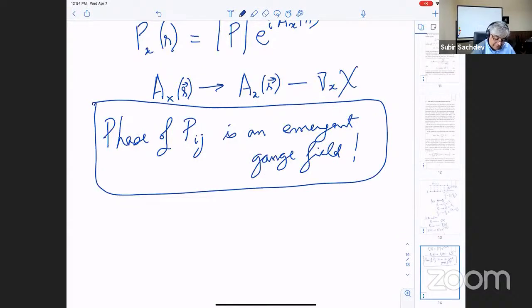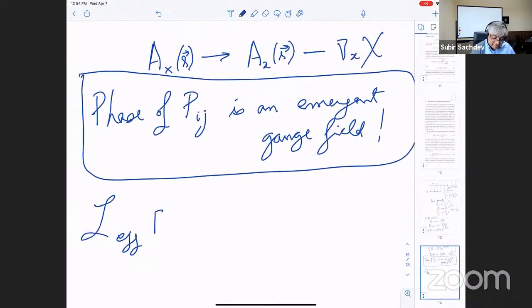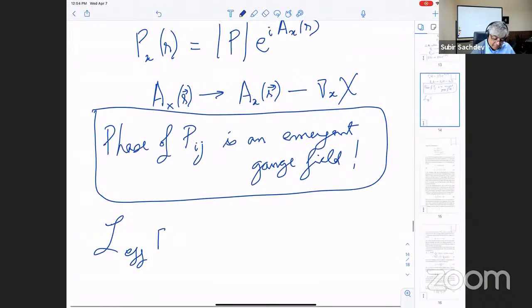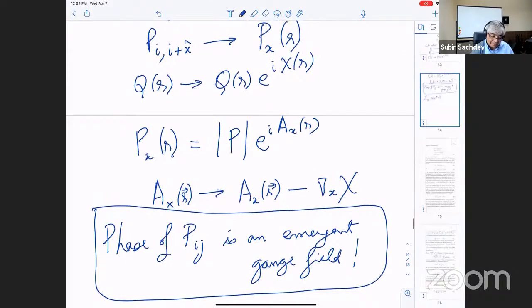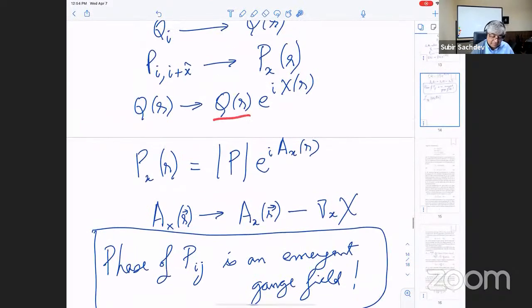So the low energy theory, the effective action, the Lagrangian S effective of Q and A. So I have two continuum variables, Q of R and A of R. I have a vector field A. I also can do that in the y direction, and I have the Q.